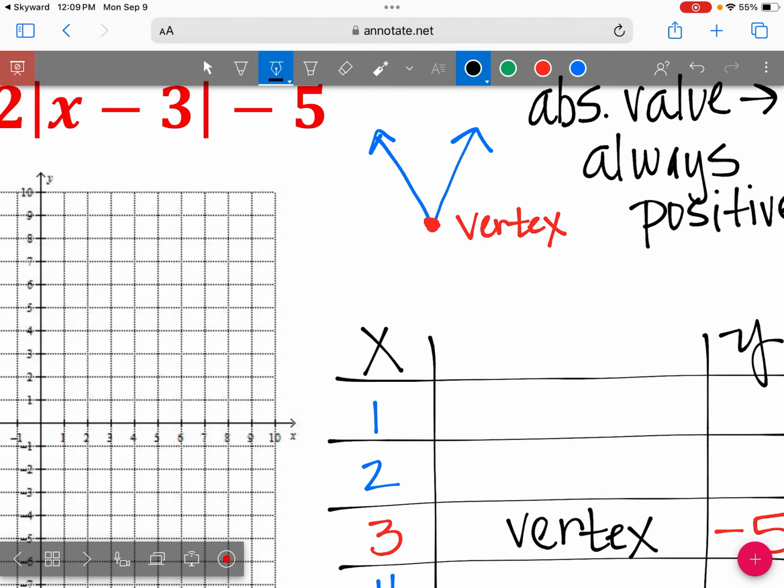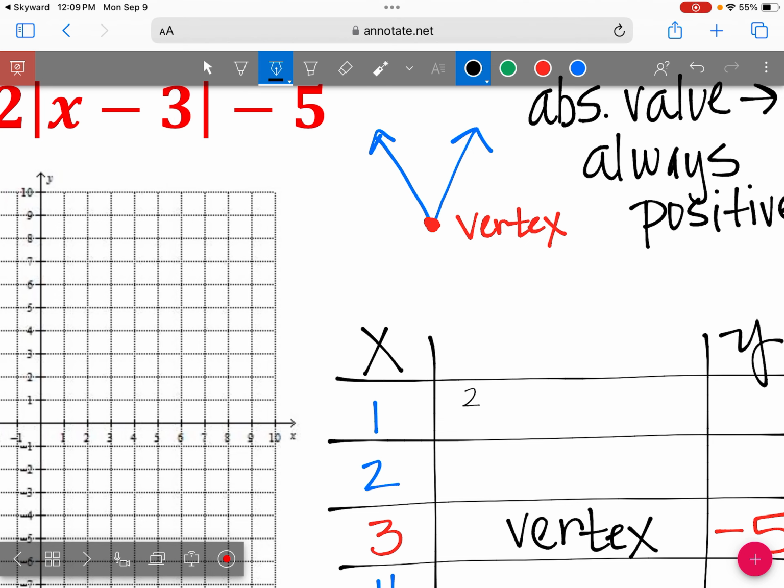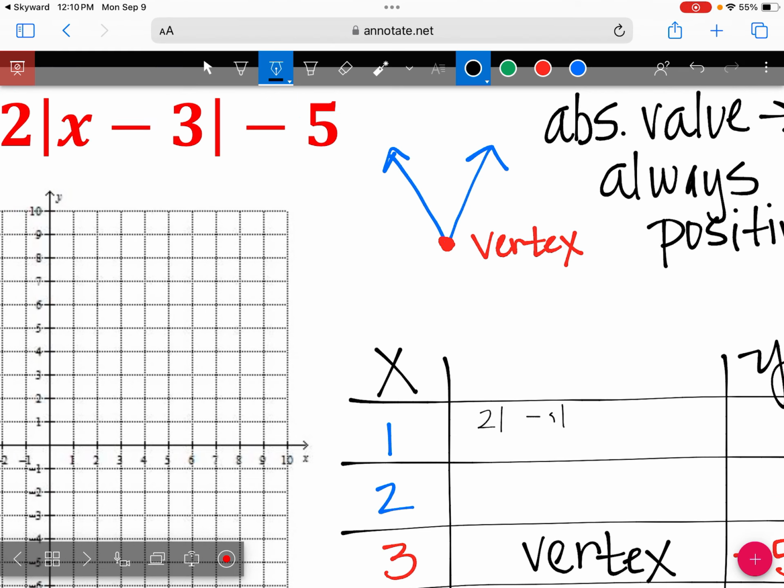Now this one, I don't really know. I'm going to write this one kind of small because we got 2 times the absolute value of... so messy, y'all.